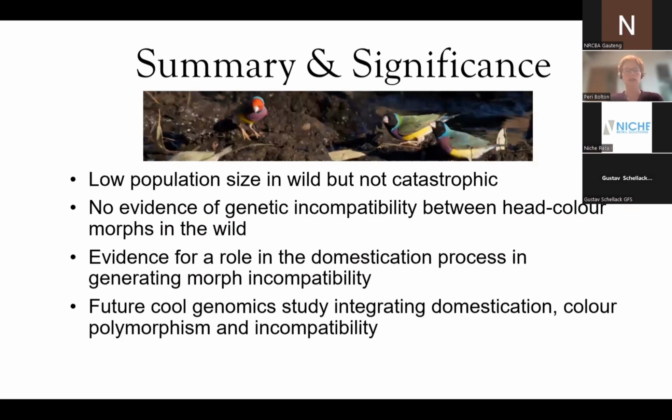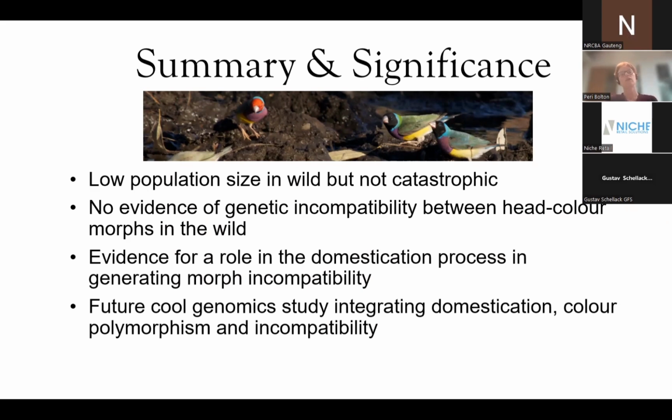To summarize, we found low population size in the wild, but it wasn't catastrophically low. People need to pay attention and keep managing, but it's not like they're on the brink of extinction. We found no evidence of genetic incompatibility between head color morphs, which was great news.